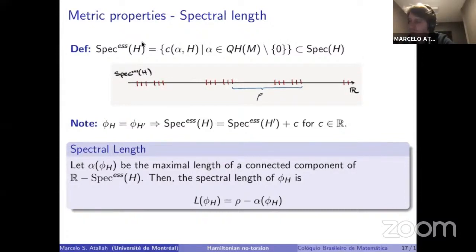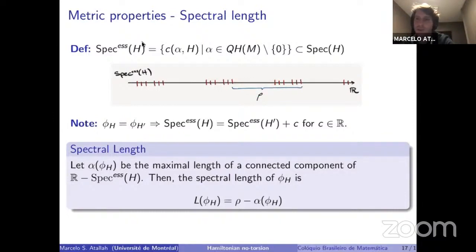So the spectral length associated to a Hamiltonian diffeomorphism phi can be measured simply by looking at the essential spectrum of a Hamiltonian function generating phi, and then subtracting from rho, the rationality constant associated to the manifold, this maximal length of the connected component of R minus the essential spectrum.